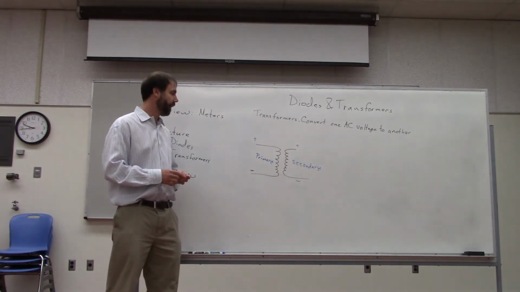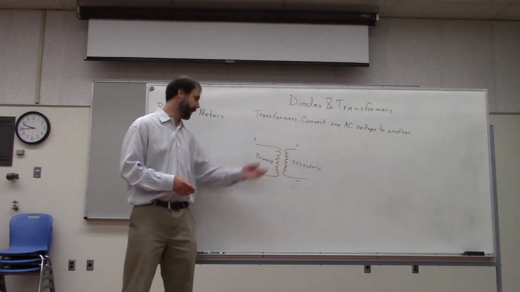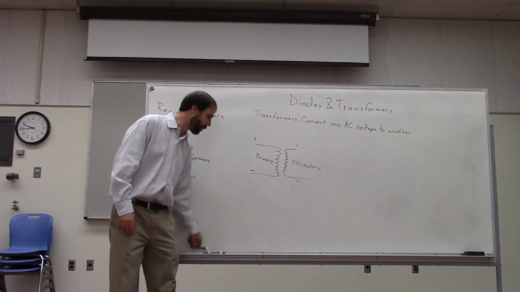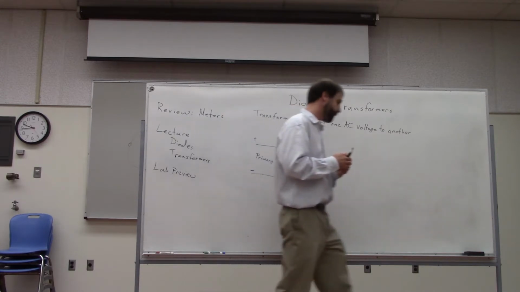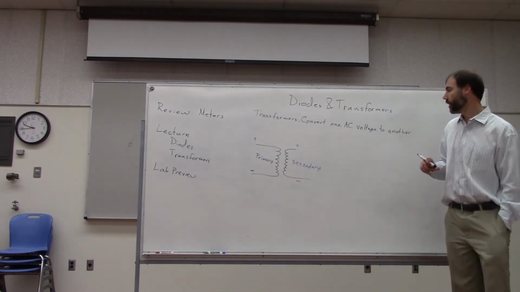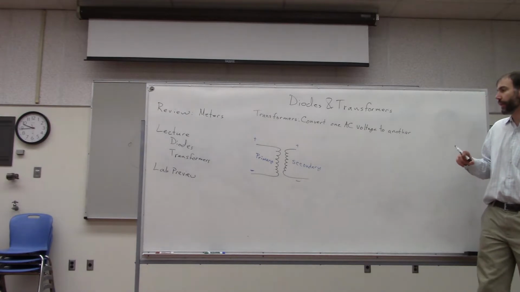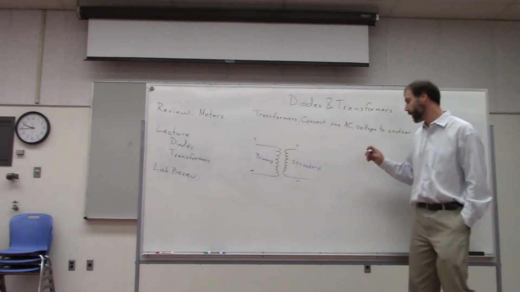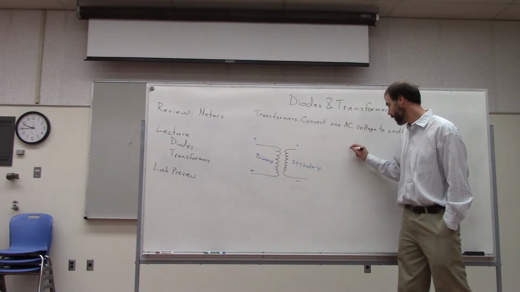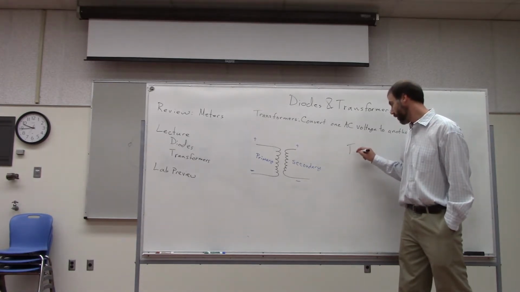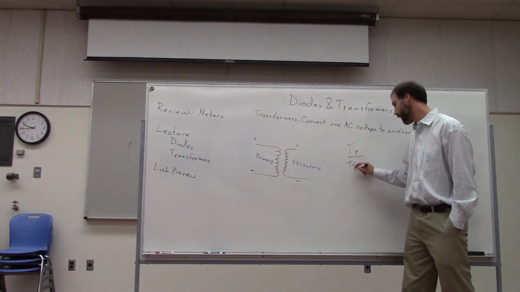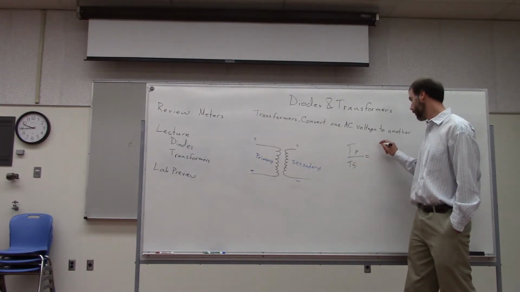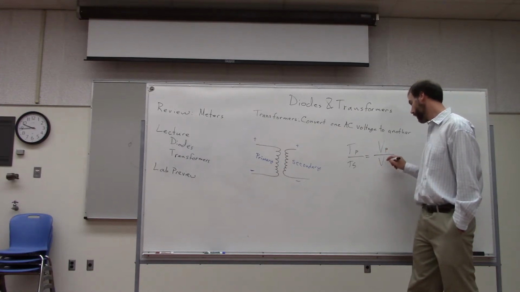The amount of voltage that you get out of the secondary is related to the number of turns that you have on the secondary. So if you have more turns on the secondary than on the primary, you get more voltage. Basically, it goes like this: the number of turns on the primary divided by the number of turns on the secondary is equal to the voltage on the primary over the voltage on the secondary.